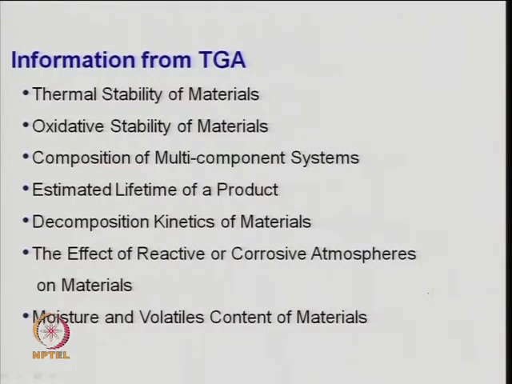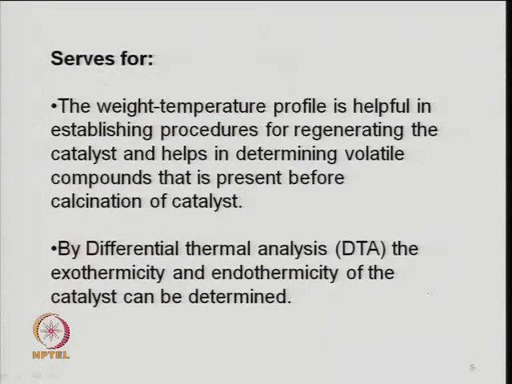TGA can be used for biomass, coal conversion, non catalytic type reactions, where you can have the kinetics as a function of temperature and time correlation. Effect of reactive or corrosive atmospheres on different kinds of materials, so corrosion studies can also be done with that. Moisture and volatile contaminants can also be estimated from the TGA analysis.